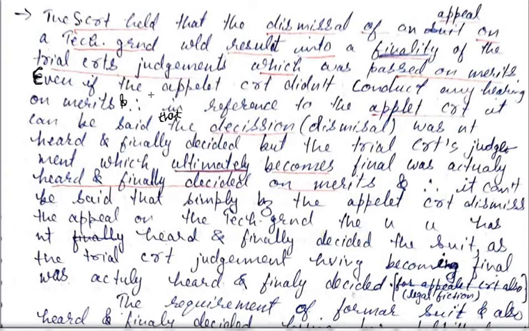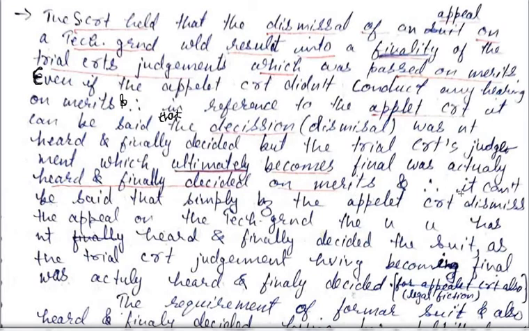Even if the appellate court did not conduct any hearing on merits, and therefore in reference to the appellate court, it can be said that the decision of dismissal was not heard and finally decided, but the trial court's judgment, which ultimately becomes final, was actually heard and finally decided on merits.